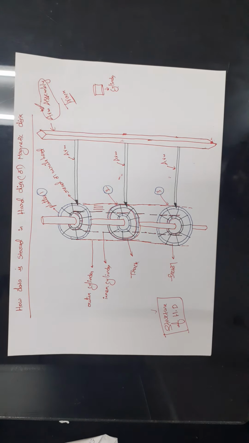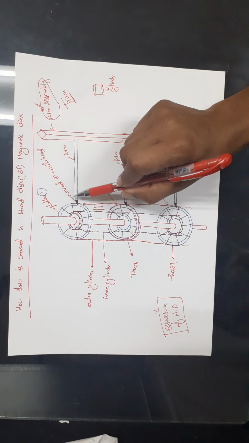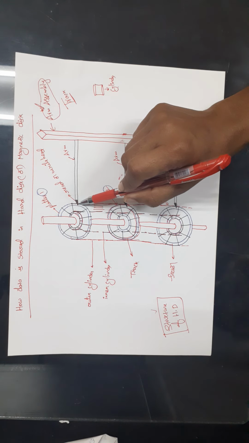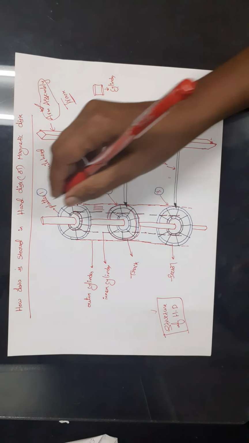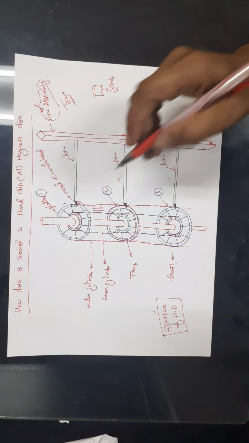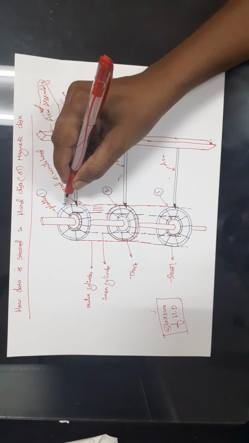And another point you need to remember: the read or write head is at the outermost track. Let us assume this is sector 0 of the outermost track and this is sector 1. If you want to move the read or write head to the next sector, what should we move?